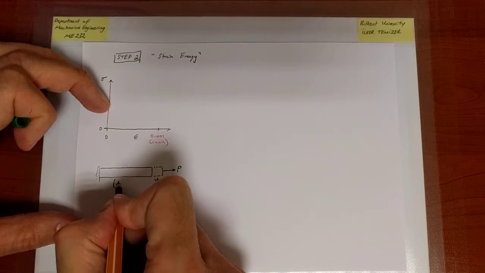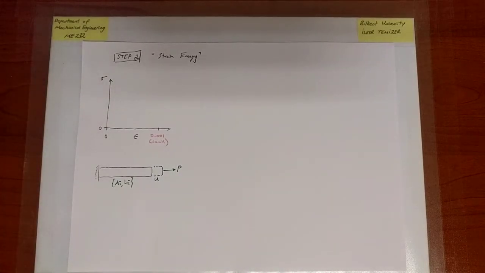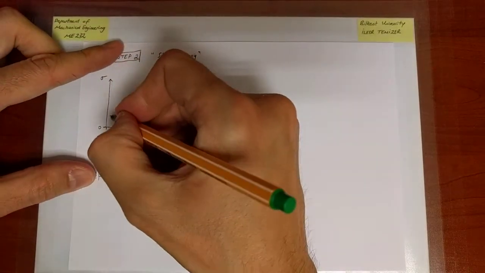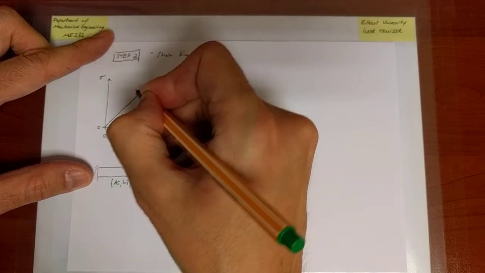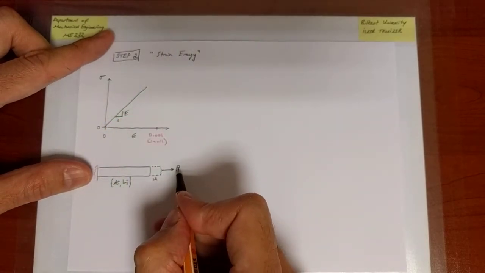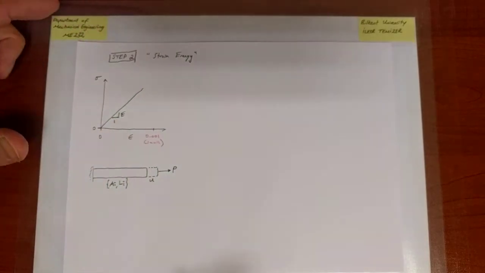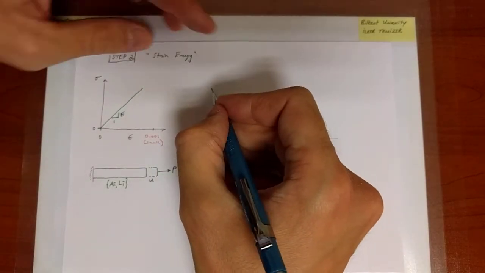The initial cross section is A_i, the initial length is L_i. Okay, so the stress strain curve is a line, and the fact that it's a line with slope Young's modulus induces the force generated to be proportional to the amount of displacement.